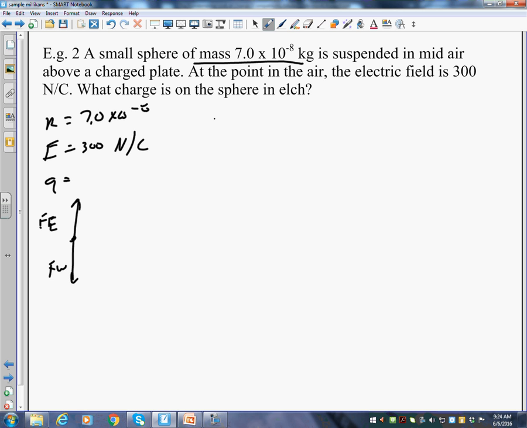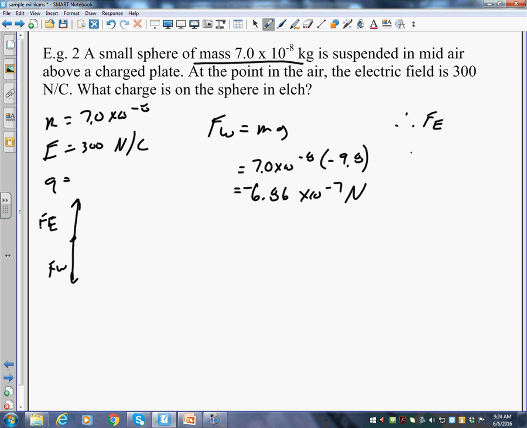So let's find our weight force. So our weight force is negative 6.86 times 10 to the minus 7. Therefore, the electric force is plus 6.86 times 10 to the minus 7.